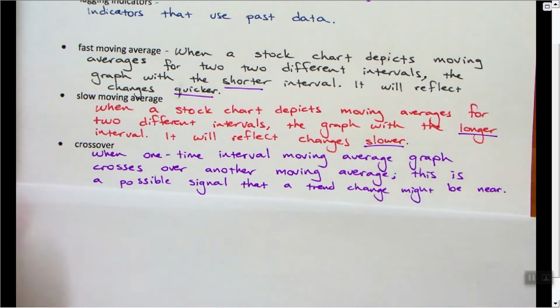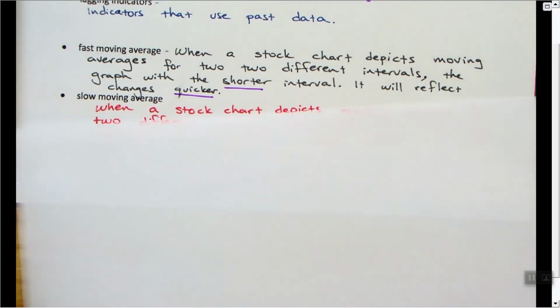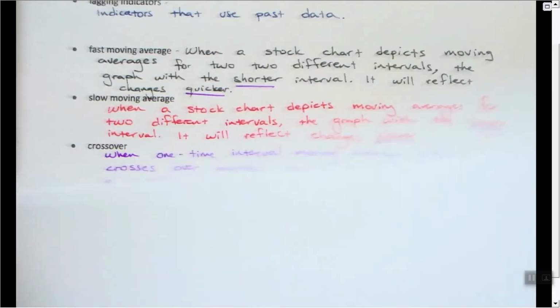So it may have changed from going up to going down when you see those simple moving averages crossing each other. Not always, but as an indication that a trend might be changing. Maybe it's time to buy or sell that stock. Okay, so with that, let's jump into some math for these.